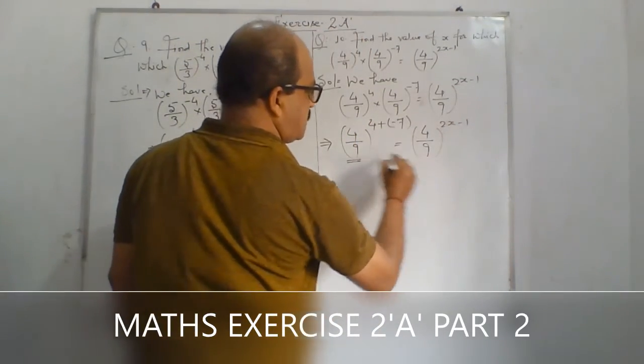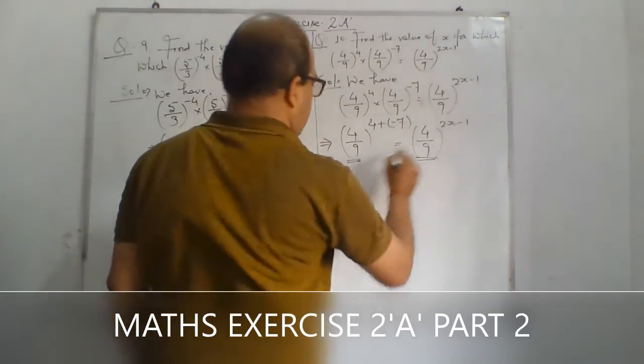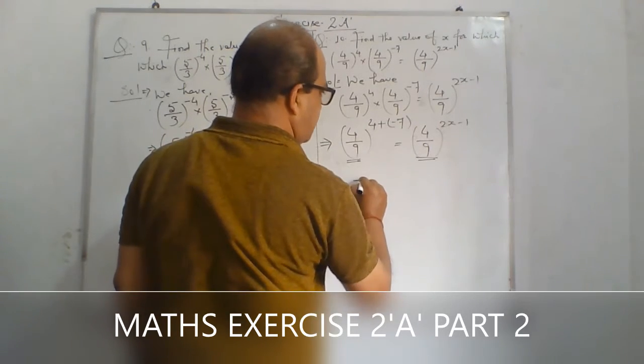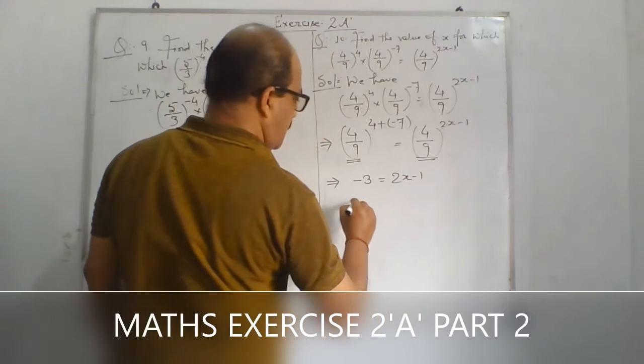In both places 4/9 is the base, so no need to write it, and to simplify, minus 3 is equal to 2x minus 1.